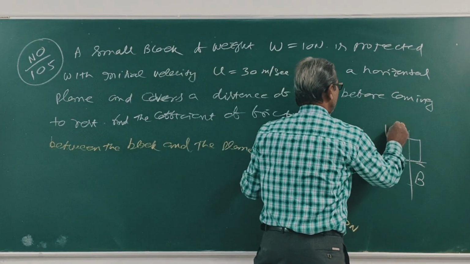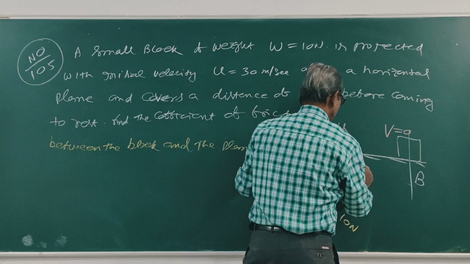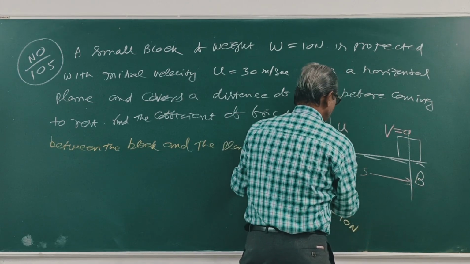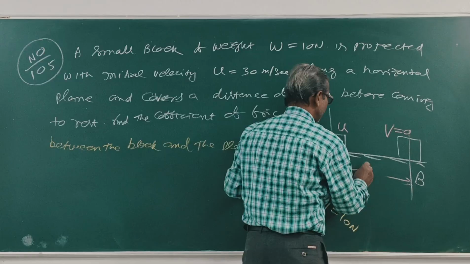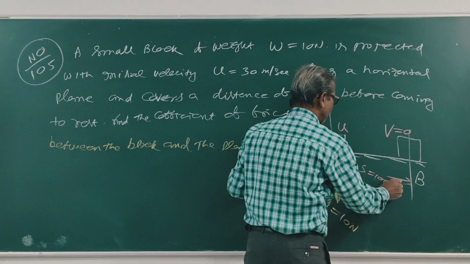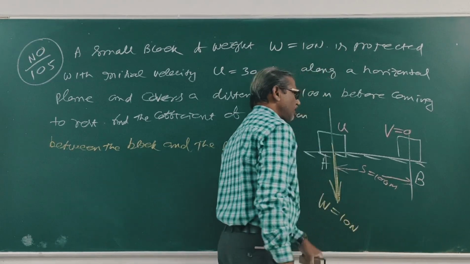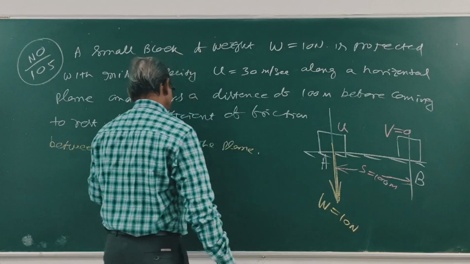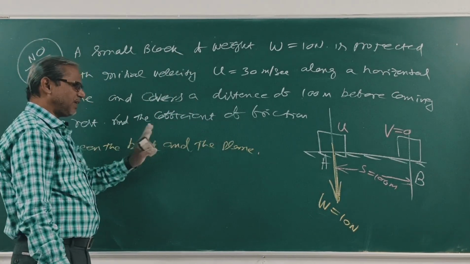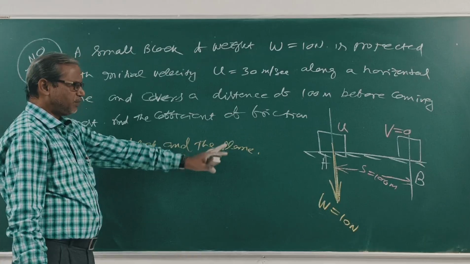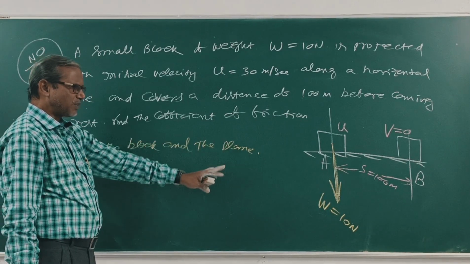What is S? 100 meters. Find the coefficient of friction between the block and the plane. This is the figure. Now I will explain what is U, what is V, what is mu.